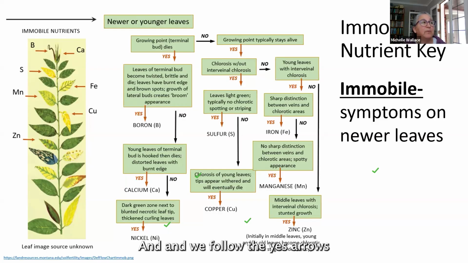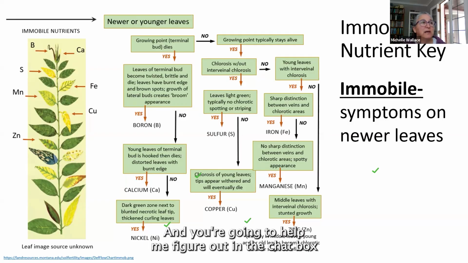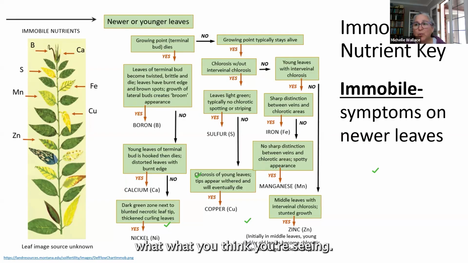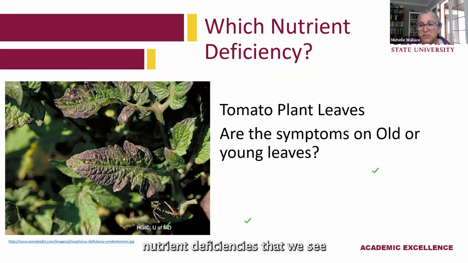And we follow the yes arrows and the no arrows depending on the visual. We read the question and then we follow the arrow. So hopefully we're going to do an exercise and you're going to help me figure out in the chat box what you think you're seeing. So let's start. And all of these examples are nutrient deficiencies that we see on tomatoes.